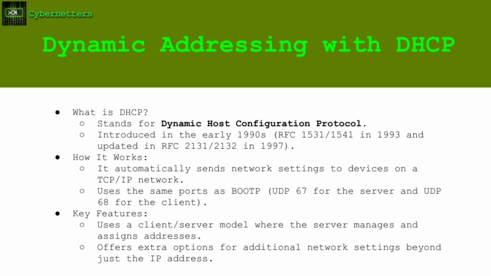Importantly, DHCP works in a client-server model. The server has a pool of IP addresses and network settings like DNS servers, gateway, etc. And the client just says, "Hey, I need an IP." DHCP also supports extra options beyond just the IP address, like specifying time servers, domain names, and more, which makes it a one-stop shop for all your device's network needs.